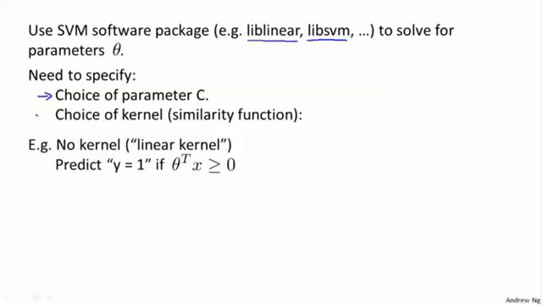So if someone says, I use an SVM with a linear kernel, what that means is they use an SVM without using a kernel, a version of the SVM that just uses theta transpose x, right? That predicts 1 if theta 0 plus theta 1 x1 plus so on plus theta n xn is greater than or equal to 0.